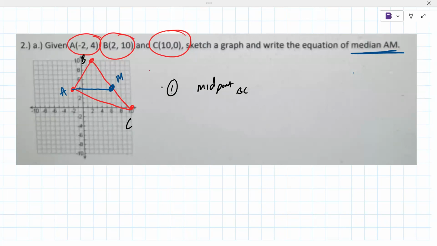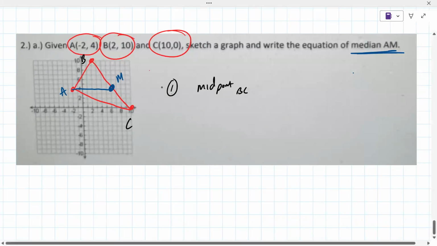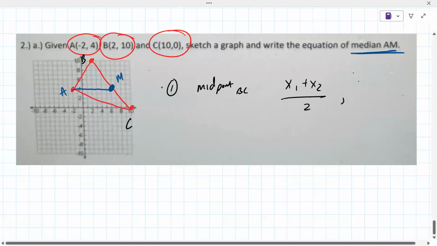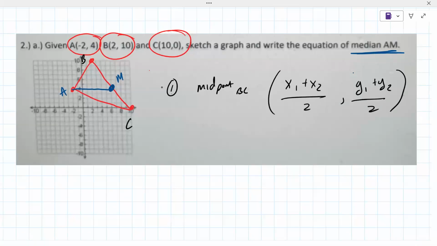The midpoint is x1 plus x2 divided by 2, y1 plus y2 divided by 2, right? Yes, it's an ordered pair.